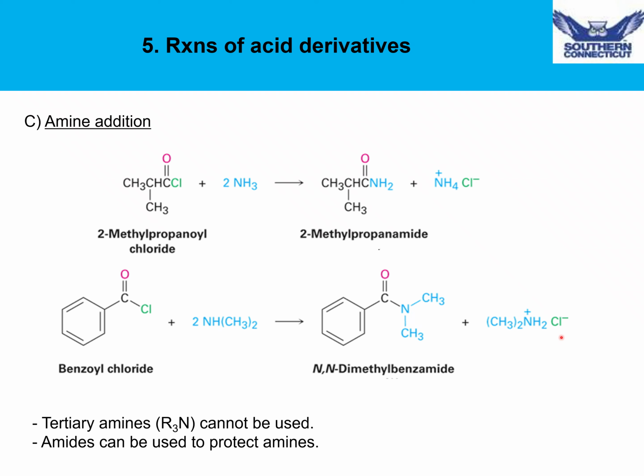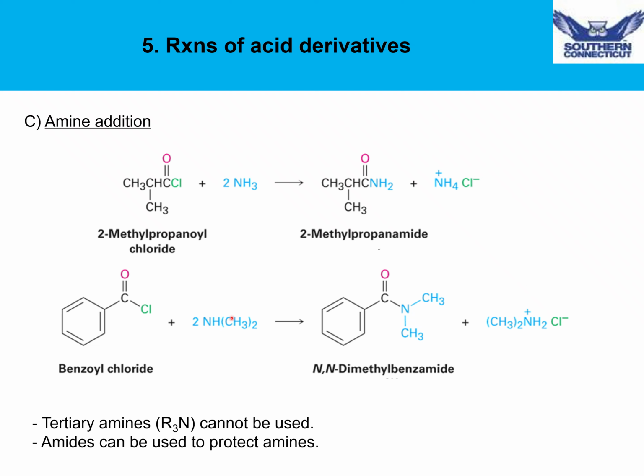Note that we can use just about any amine or ammonia derivative in this acyl substitution, and any other acid derivative would work the same way. However, tertiary amines are not generally used for this reaction. In fact, they're usually not used as nucleophiles, since the nitrogen already contains 3 alkyl groups.